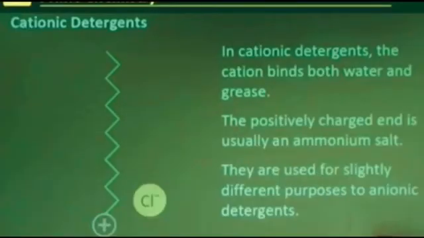Cationic detergents. In cationic detergents, the cation binds both water and grease. Instead of having a negatively charged head, you've got a positively charged one, and this allows them to bind with the grease in the same way as the anionic one, but it still allows them to bind with water, just the opposite end of the water because it's positively charged.